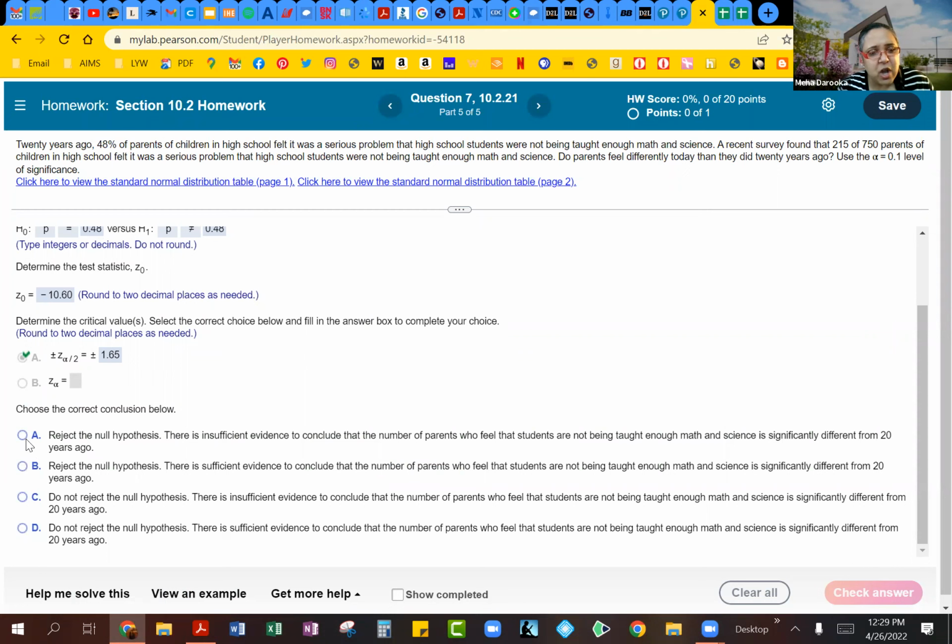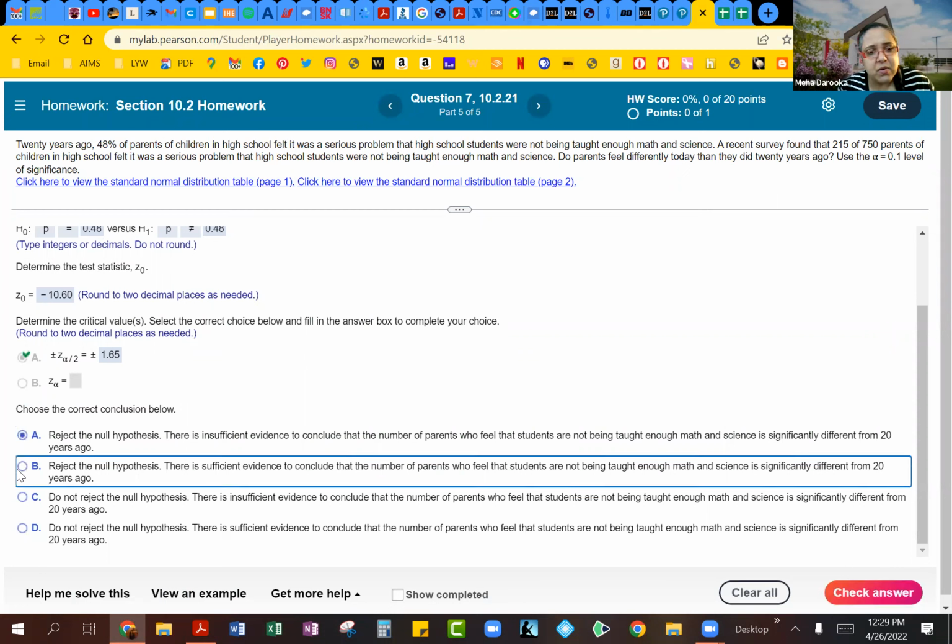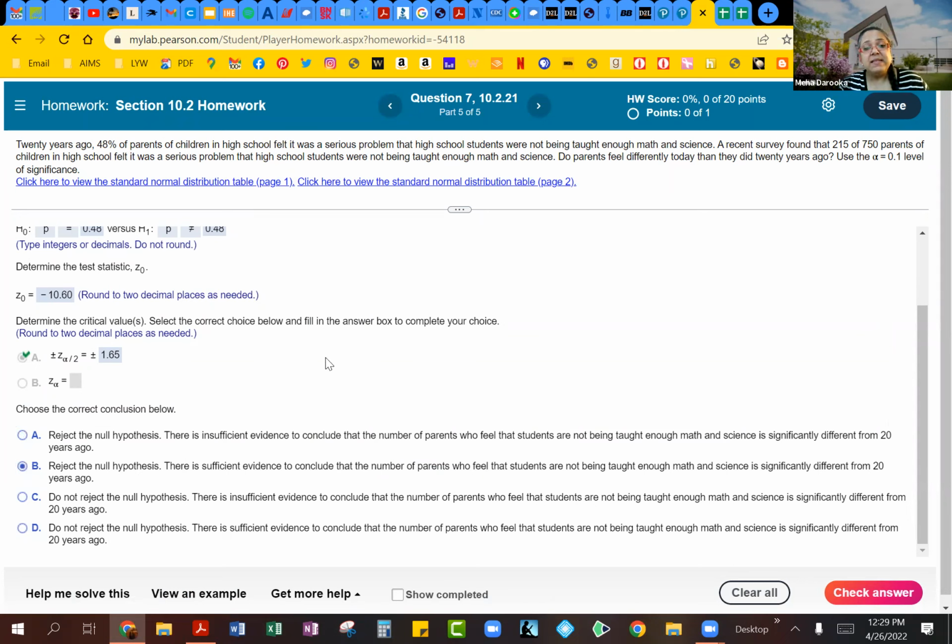this one here, now which option is it going to be, A or B? Because they are saying reject the null hypothesis for both, but then they say there is insufficient evidence to conclude that the number of parents who feel that students are not being taught enough math and science is significantly different from 20 years ago. So is there insufficient evidence, or do we have sufficient evidence?